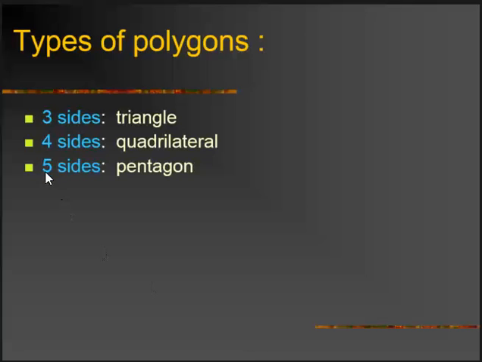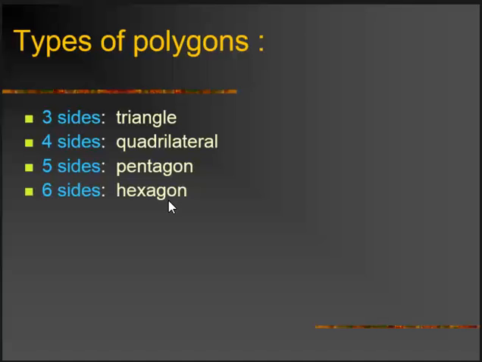Five sides is called a pentagon. Our government has a big building they work out of called the Pentagon. If you look at it from up in an airplane, if you Google Pentagon, you will see that building come up, and it is in the shape of a pentagon. Six sides is hexagon.